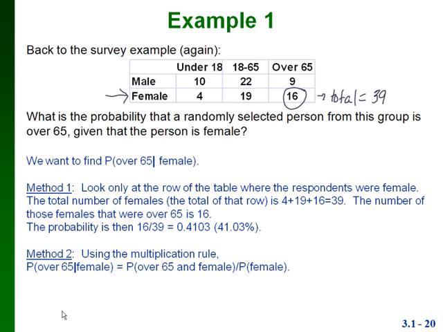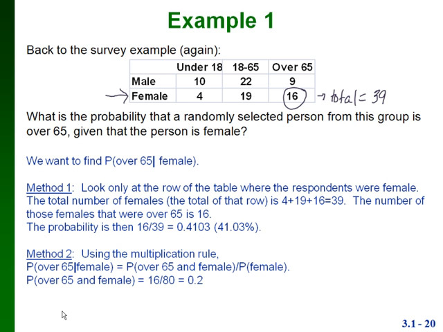The second way to do this is by using that multiplication rule that we were talking about. So what that says is that the probability of the person being over 65, given that they're female, is the same as the probability of someone being over 65 and female divided by the probability of them being female. So that means we have to figure out both of those probabilities.